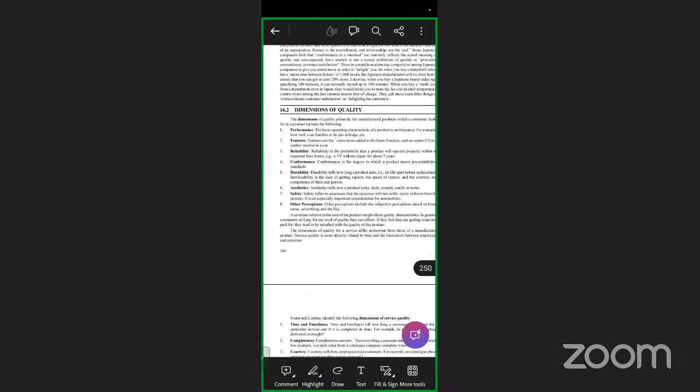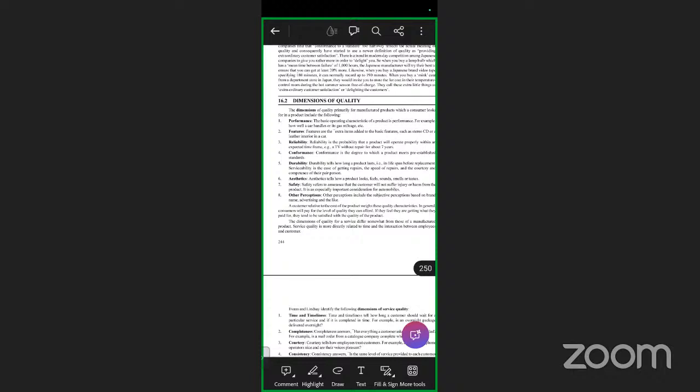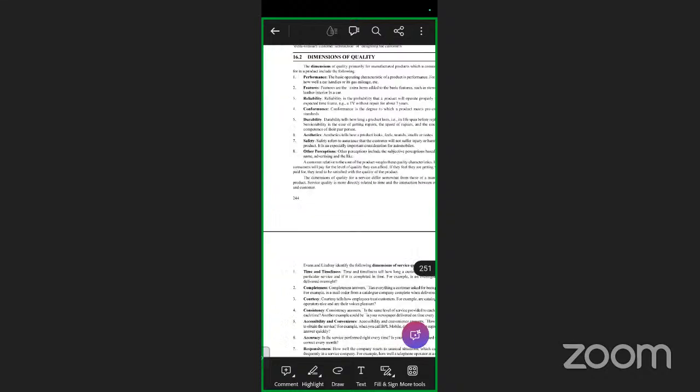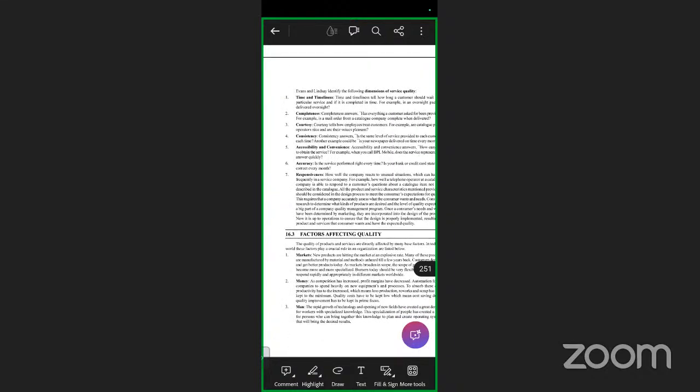Dimensions of quality: there are certain dimensions of quality, such as performance, features, reliability, conformance, durability, authenticity, safety, and perception. So these are the dimensions of quality. And in service quality, there is SERVQUAL.